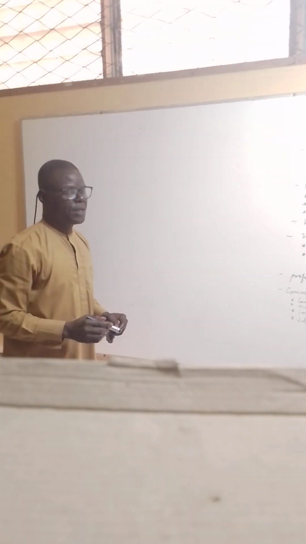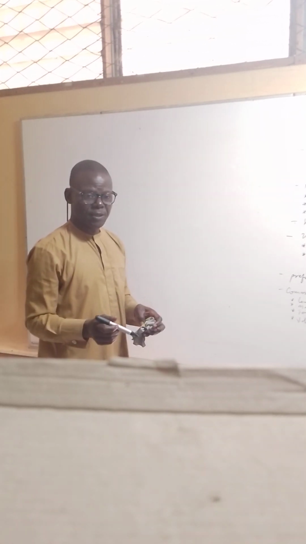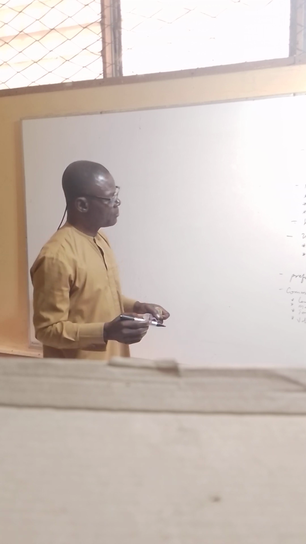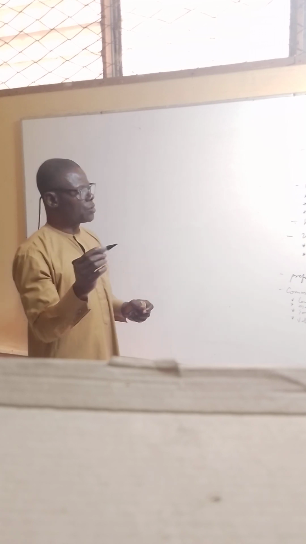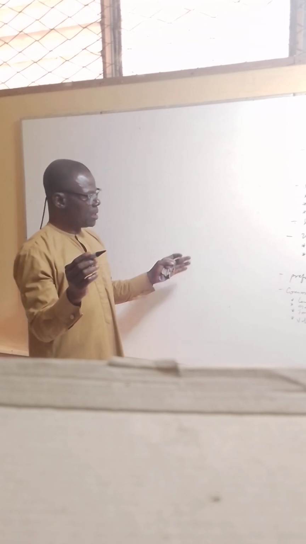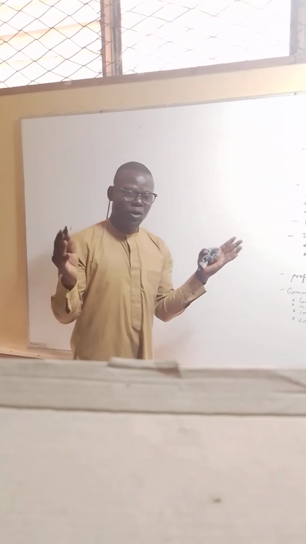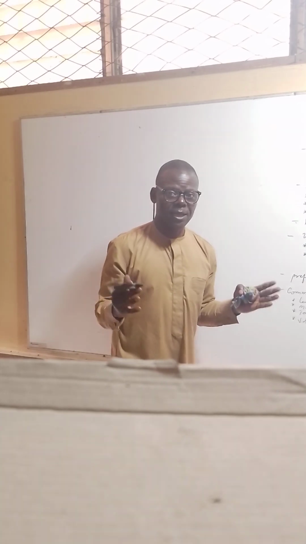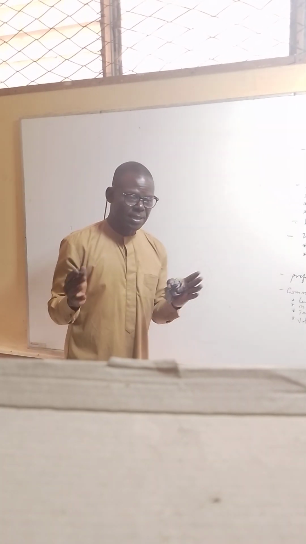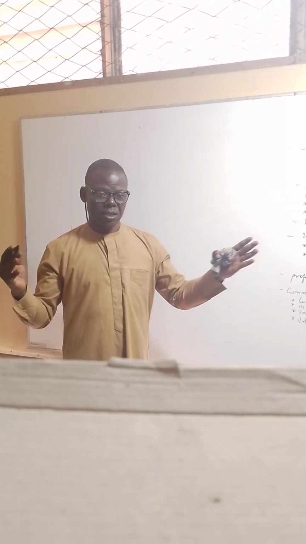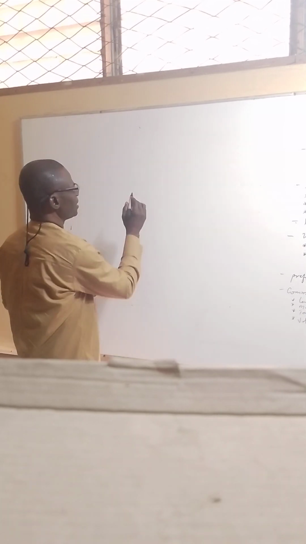Then, from here, we have the concept of the weight of the body. Even Newton's law of gravitation comes into being at this point. He says, if two bodies lie side by side, they attract each other with a force, which is given like this.